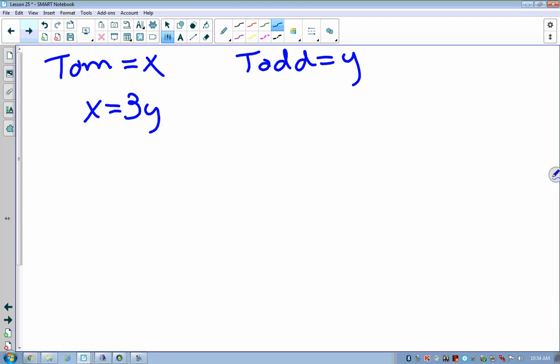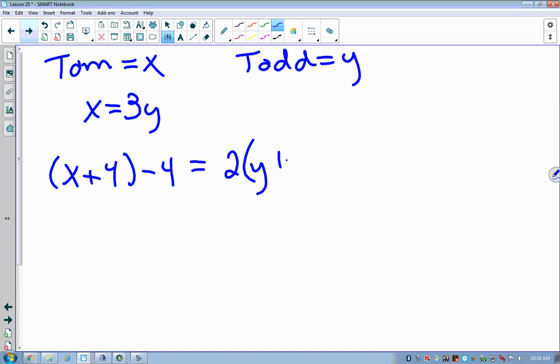Okay, now they're throwing the curve, right? All right, so what are we doing with Tom's age? We're adding 4. What are we probably going to do to Todd's age? We will see. We'll get there. In 4 years, Tom's age will be 4 years more than 2 times as old as Todd. So we're going to subtract 4, right? Now we can set them equal. 2 times as old as Todd, 2y.